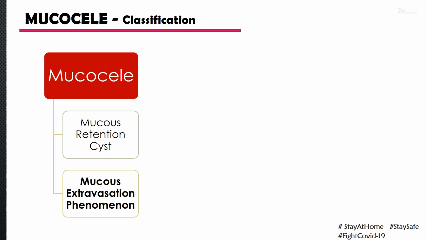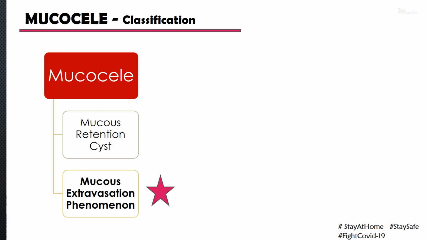Mucoceles are basically classified into two main types: the mucus retention cyst or the mucus extravasation phenomenon. 90% of the mucoceles are basically mucus extravasation phenomenon, with only less than 10% being mucus retention type.